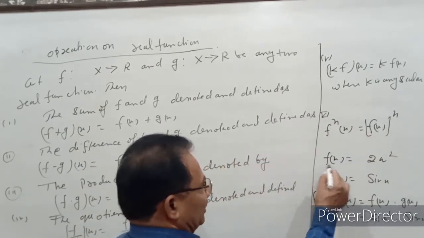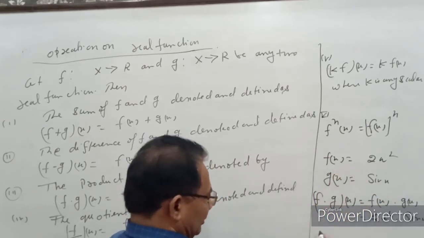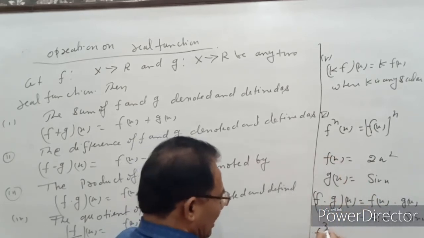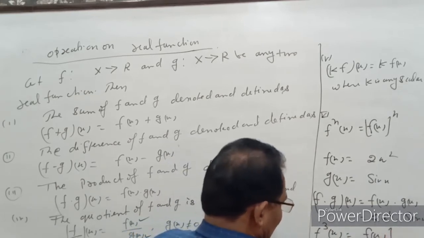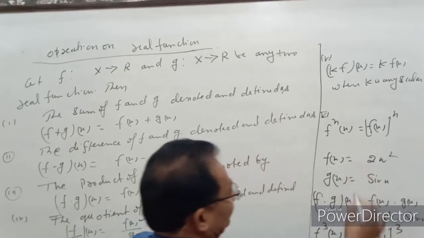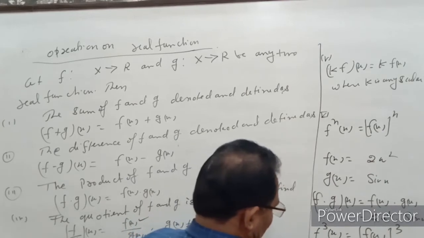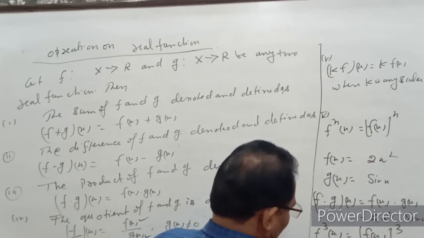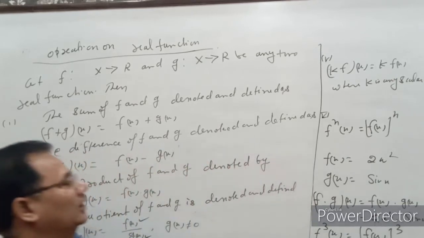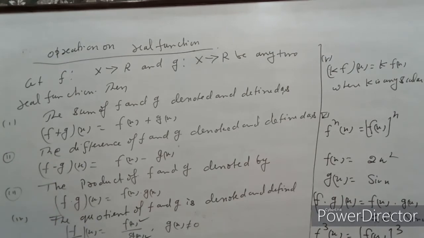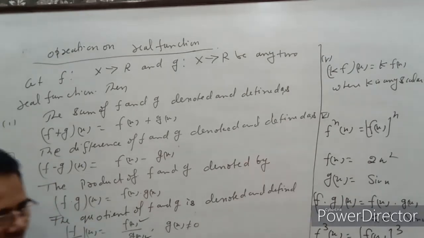Suppose f(x) is given this and we want to find f cube x, then this should be equal to f(x) whole cube, which is 2x square whole cube, that is 8x raised to the power 6. So this is called the algebra of the functions.